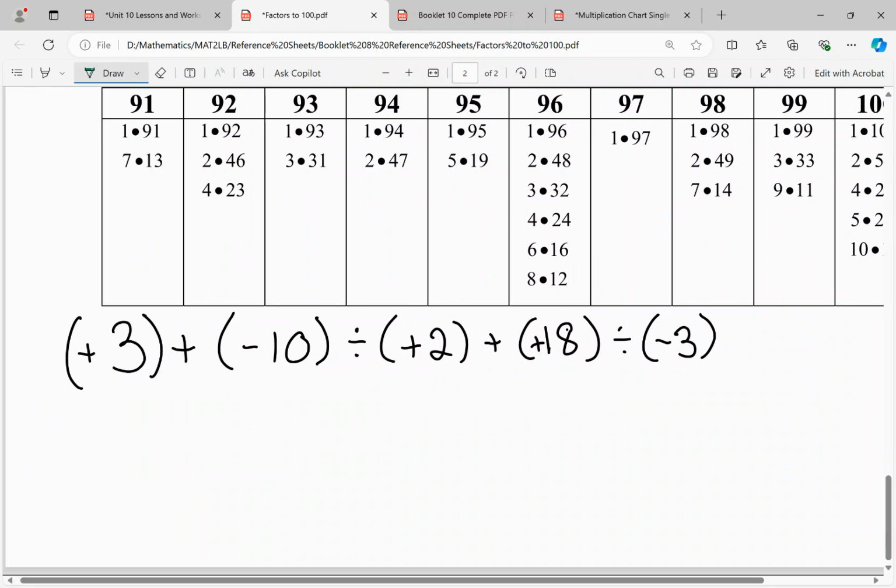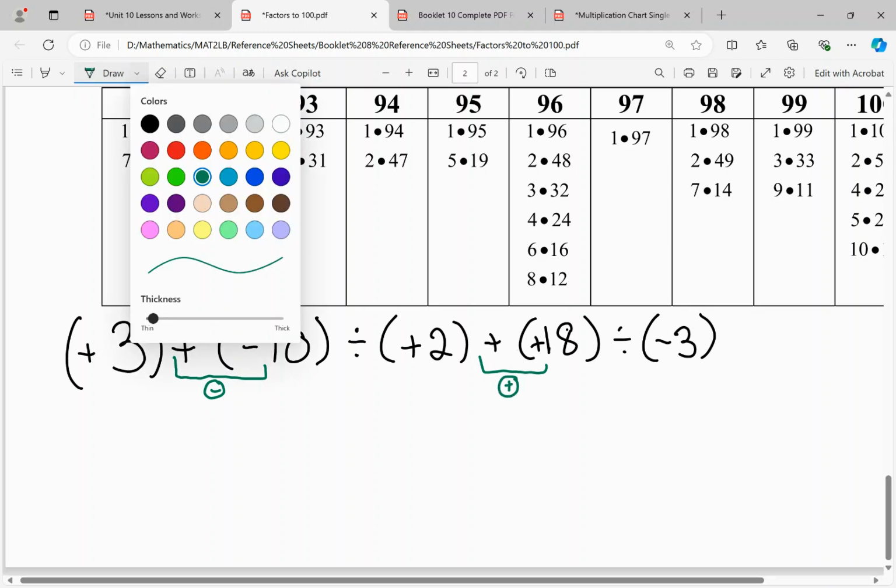Now, the first thing that I'm going to do is I'm going to take every time that I have two signs next to each other. That happens twice. This positive and negative is going to make a negative. This positive and positive is going to make a positive.